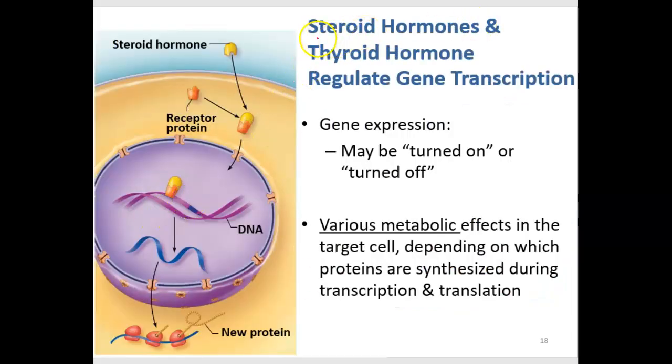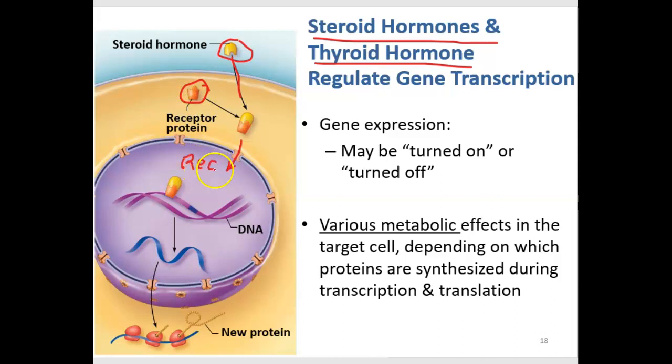So here's an example of steroid hormones and how thyroid hormone works to regulate gene transcription. The steroid hormone has left the blood and its transport protein behind. It wiggles through the cell membrane, and then it can go through the nuclear membrane or a nuclear pore, and it reaches the location. Here's a receptor here, or the receptor could be inside here, could be either place.